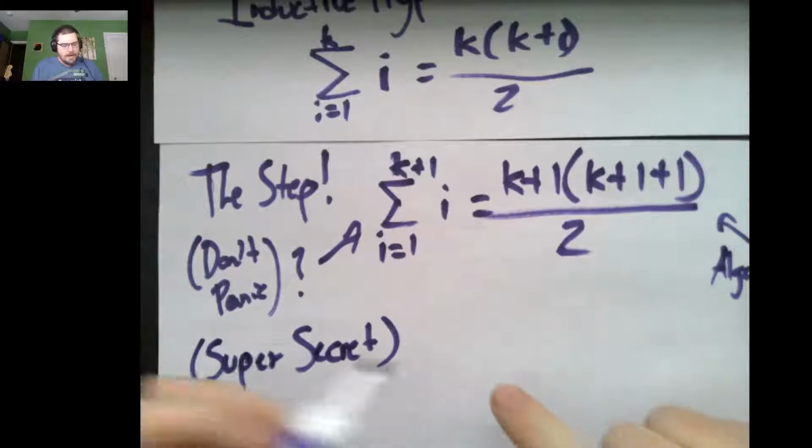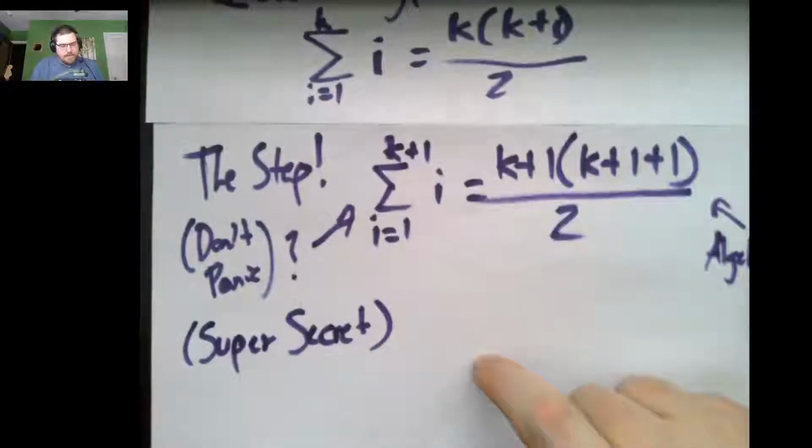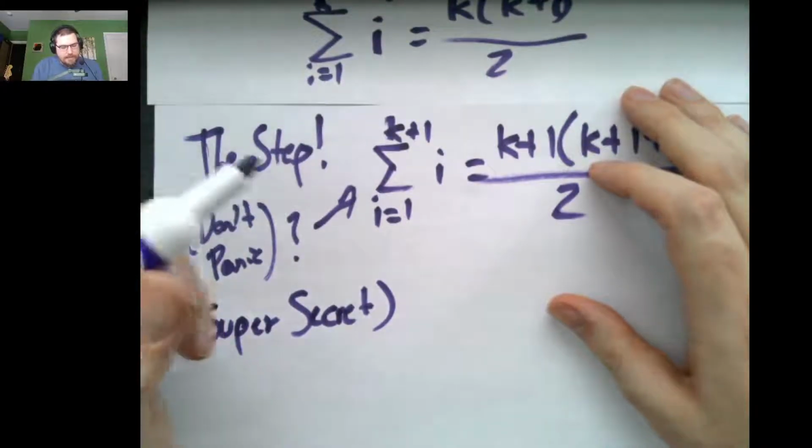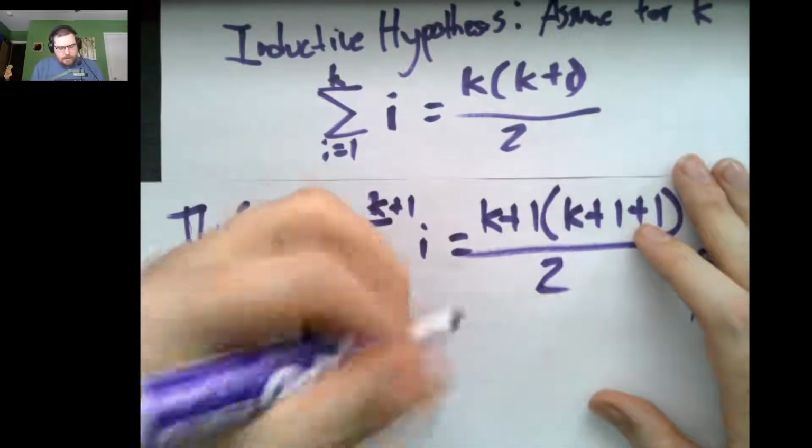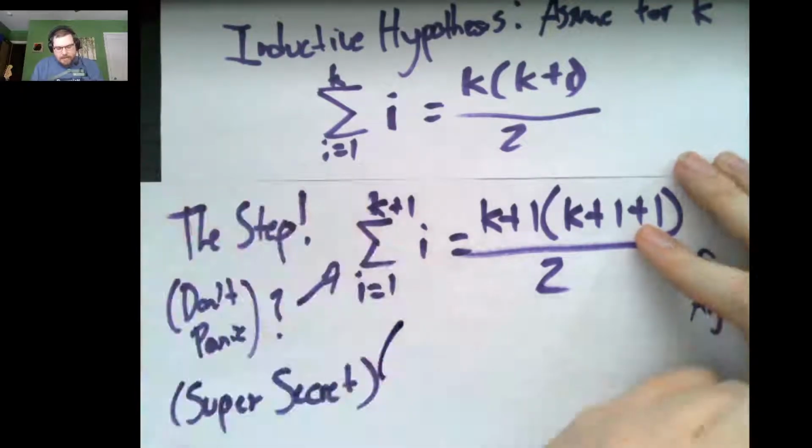So, we have the super secret thing, and what we're going to try to do, our goal, we're also going to hide in parentheses.